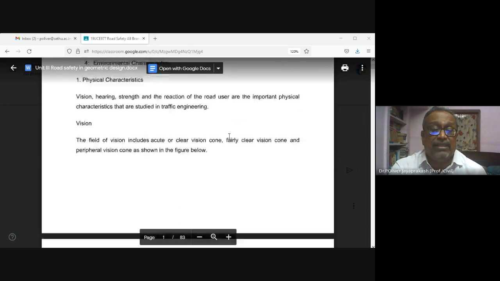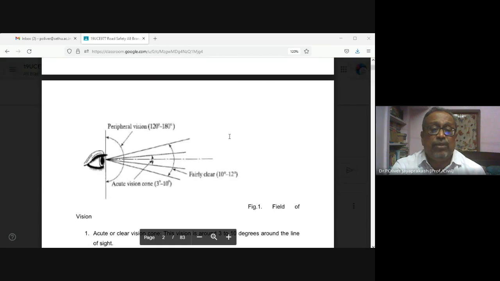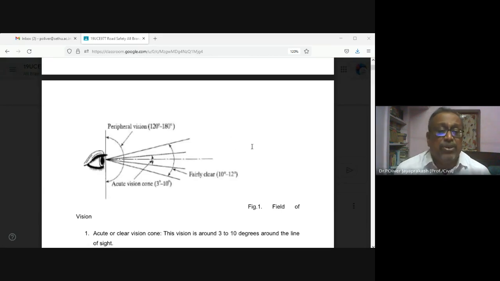Everything will be decided. And vision is more important. We are seeing this called acute vision, that is normally focused between 3 degrees to, whereas the peripheral vision is limited to 120 to 180. And if you have good vision, naturally you will have 10 degrees to 12 degrees maximum. Okay, we call it clear vision.